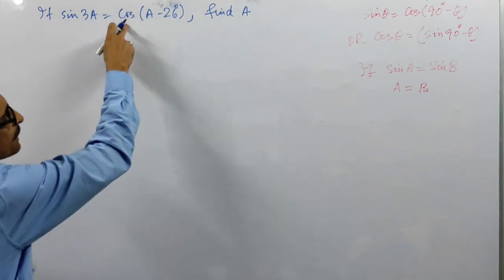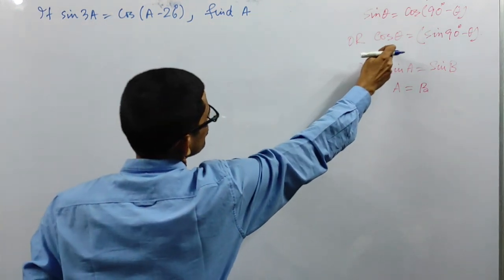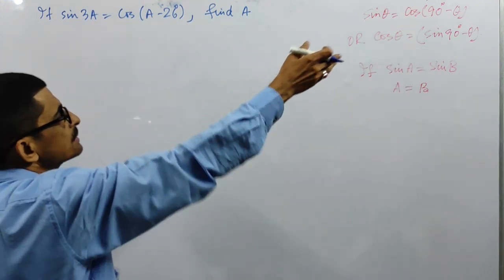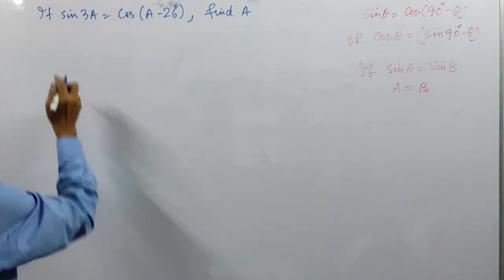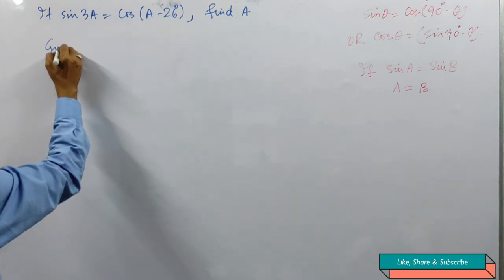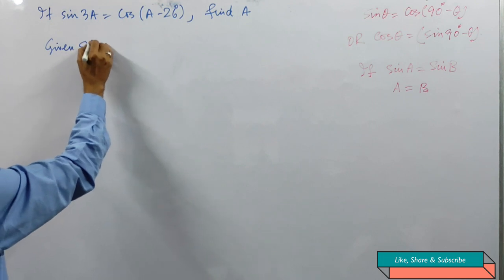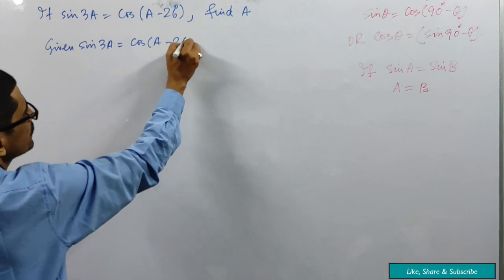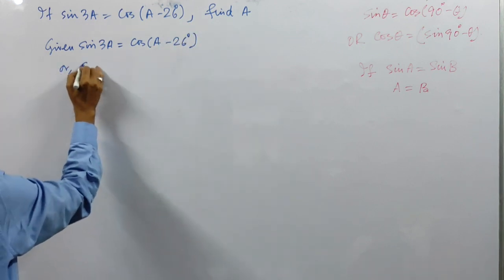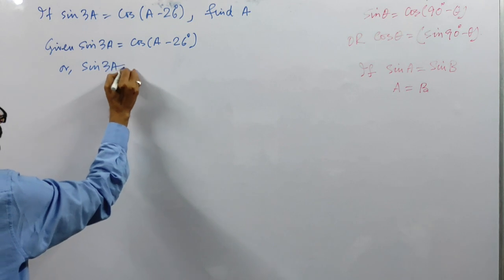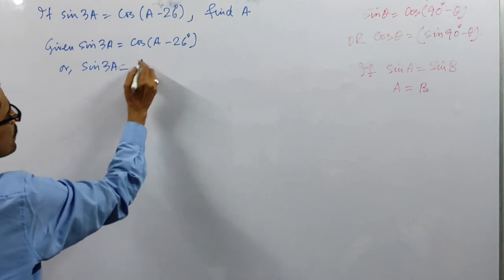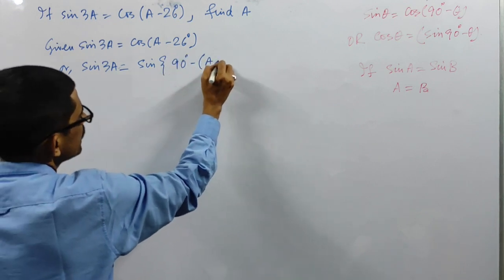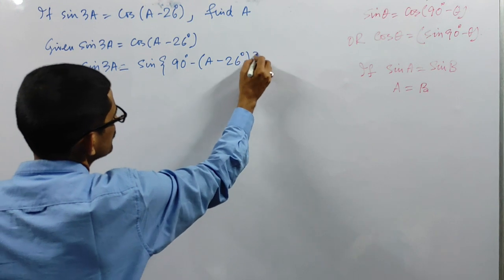I will prefer to convert cos, this one. Cos theta can be written as sin(90 minus theta). A minus 26 can be considered as theta. Therefore, we can write, given sin 3a is equal to cos(a minus 26 degrees), or sin 3a is equal to, here if we convert cos, can be written as sin(90 minus (a minus 26 degrees)).